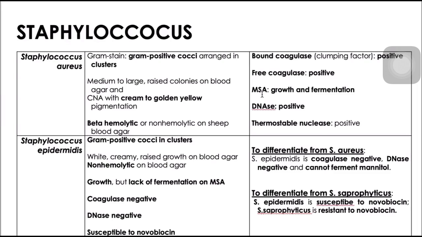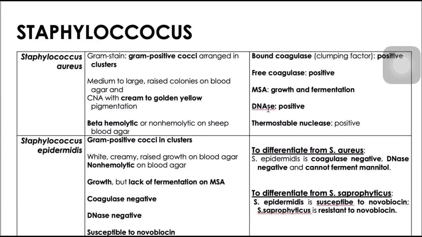So in that case, since Staphylococcus aureus can ferment mannitol, magkakaroon ng acid formation, so Staphylococcus aureus will show yellow colonies in mannitol salt agar. While other Staphylococcus epidermidis, saprophyticus, they will show pink or colorless colonies. Okay? So that's for your mannitol salt agar.